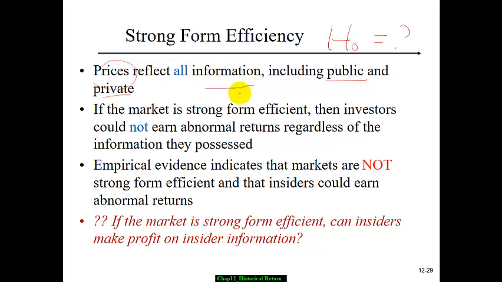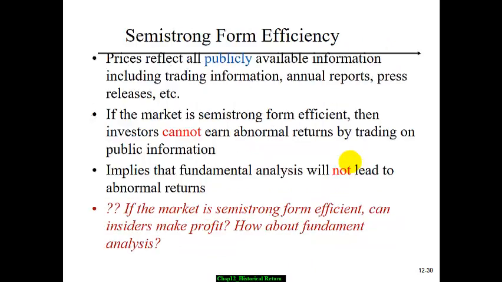They already know. So question: if the market is in strong form efficiency, can insiders make profit? Some of you say yes. Okay, don't just go with your common sense. We assume it's strong form, which means the market knows everything, including private information such as insider information. So the answer is no. No additional profit.